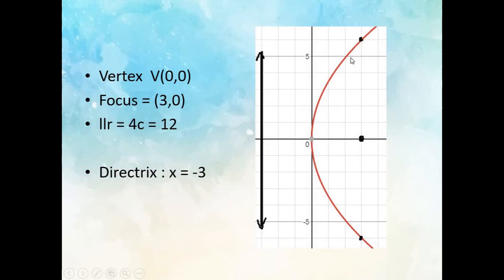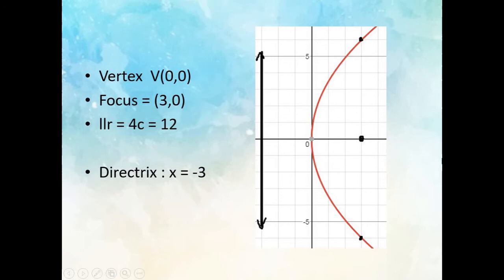So you just plot 6 points upward and 6 points downward. Then you connect that with the vertex. So you can now form a parabola.